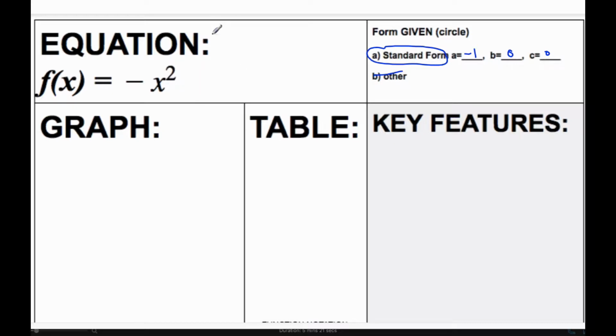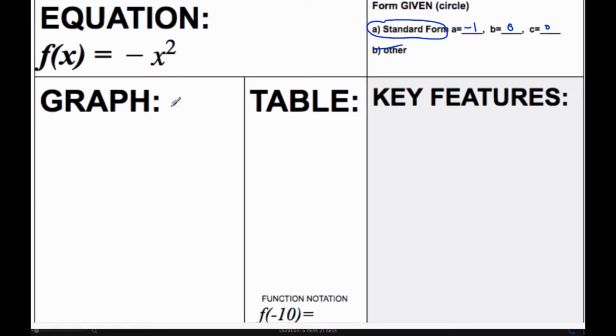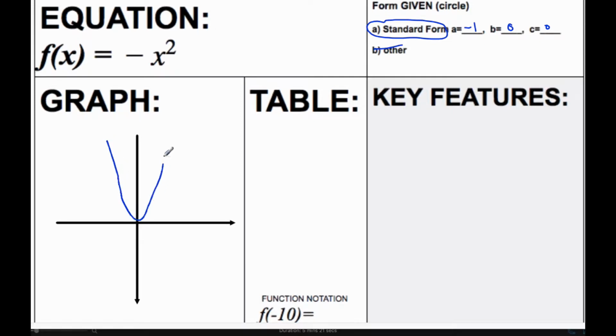Okay. Next, I want to graph it. What you've learned in the past, when I make my xy axis, I know that my standard parabola is this one here. This is my parent function.